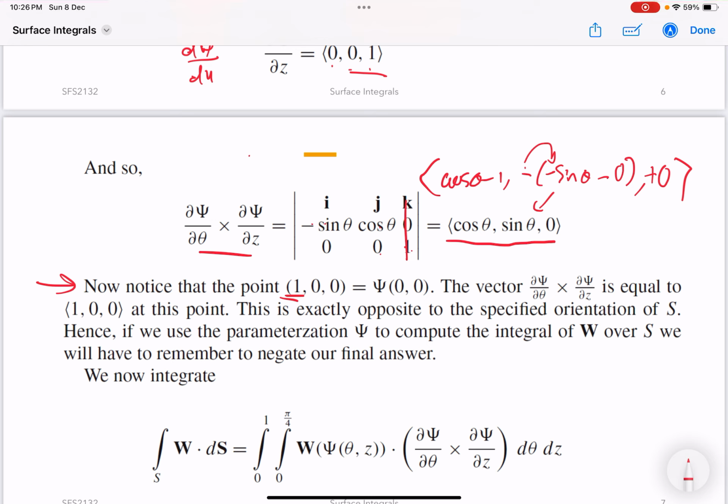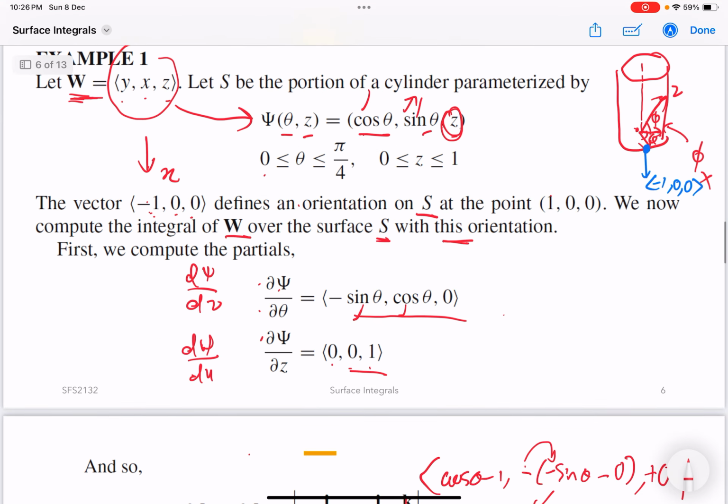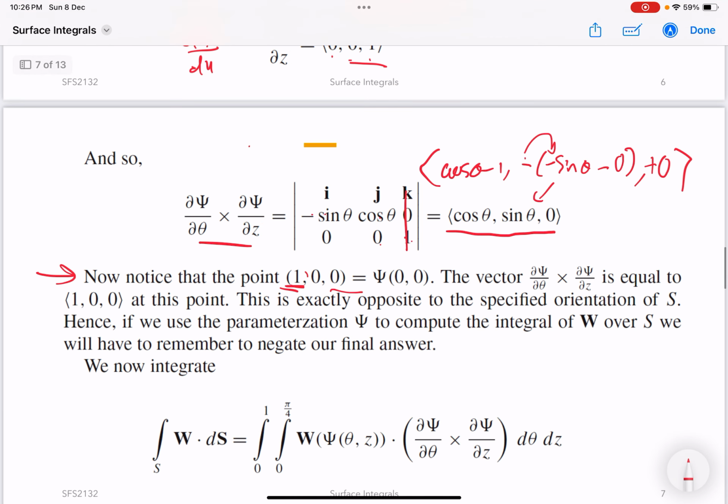So notice that at point 1 0 0, the parameterization gives theta 0 and z 0.